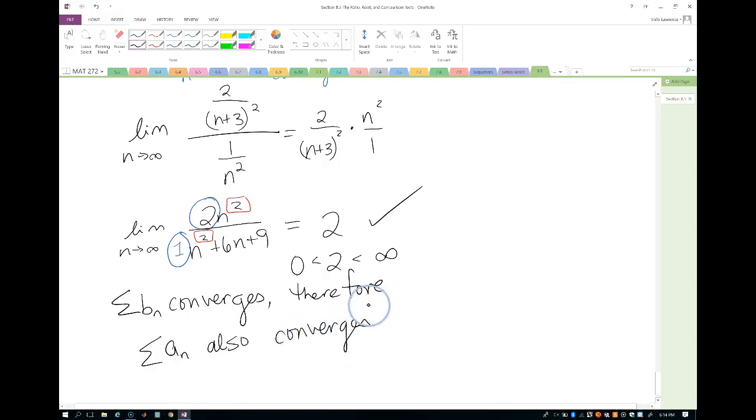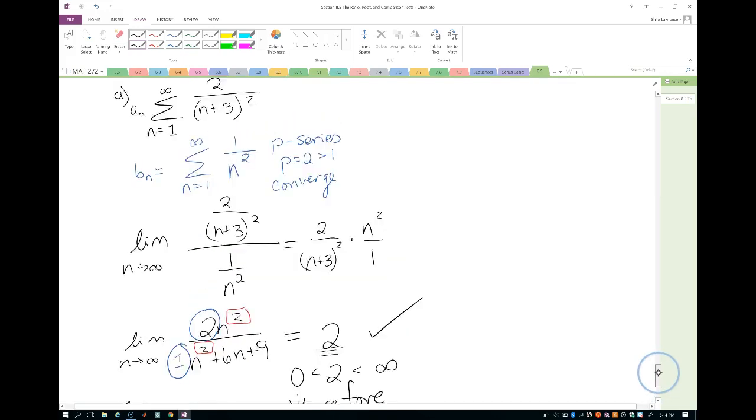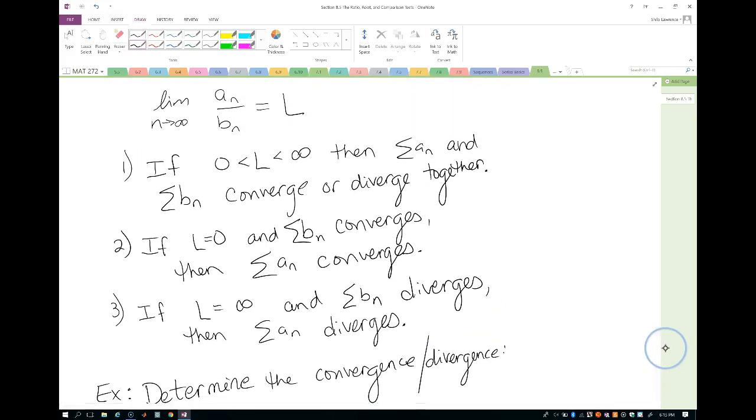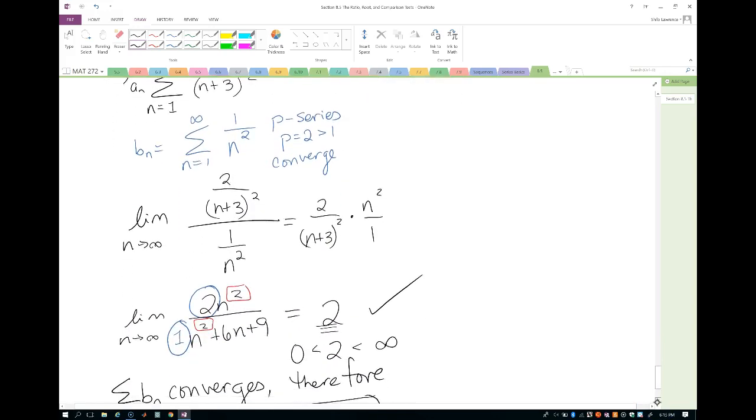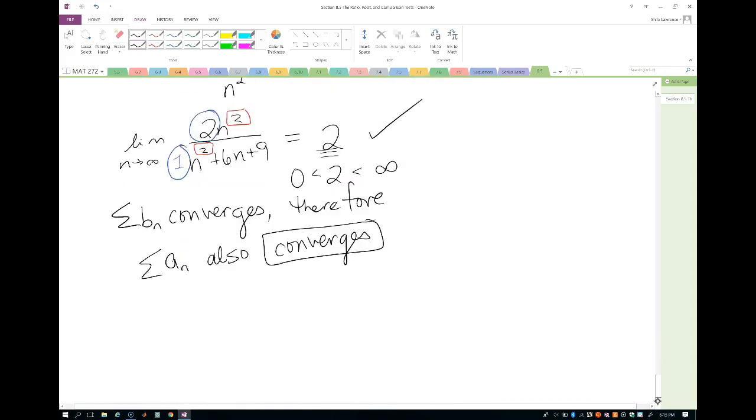We really don't care what this number comes out to be, as long as it's not 0 or infinity. If it's 0 or infinity, then we are limited, because remember, equal 0, we can only prove convergence. Equal infinity, we can only prove divergence. So we prefer it to come out something in between, then it could prove either one of them.